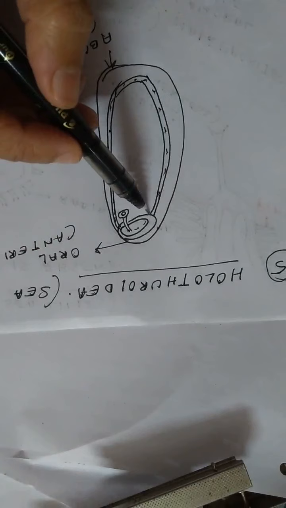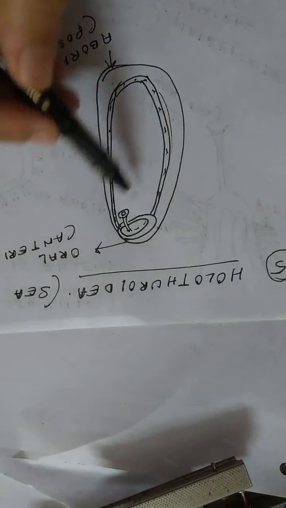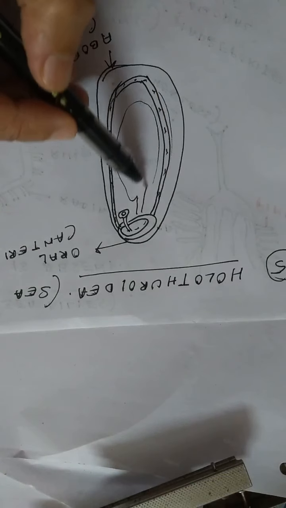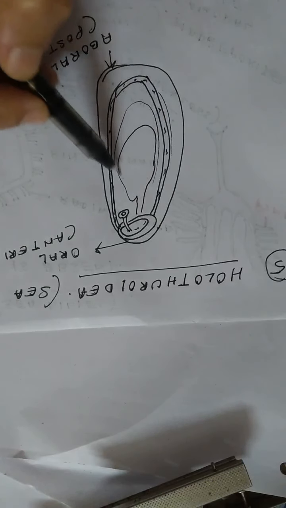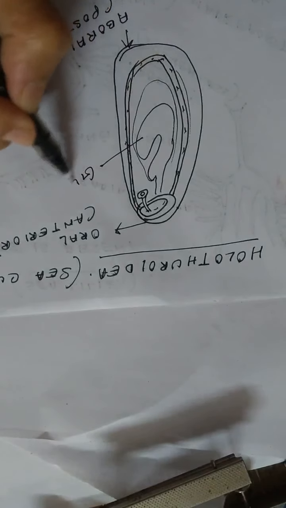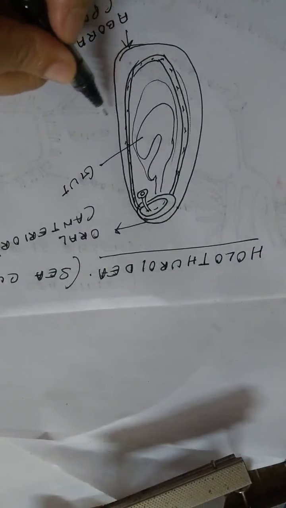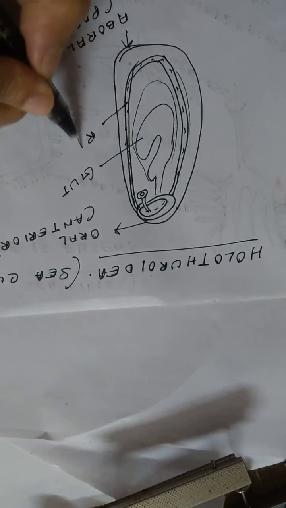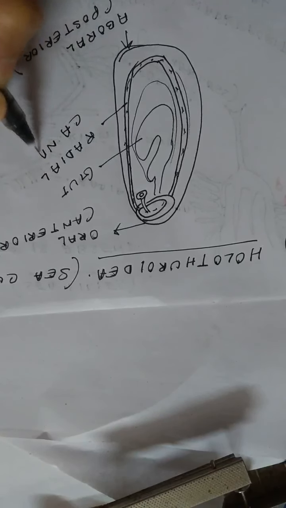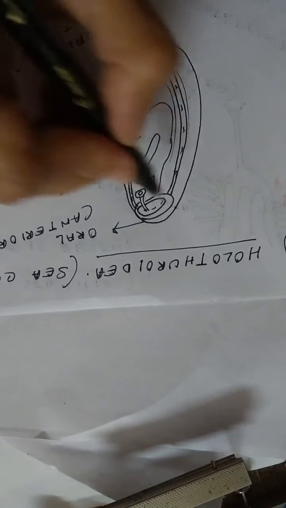This radial canal encircles the gut. This is the radial canal.